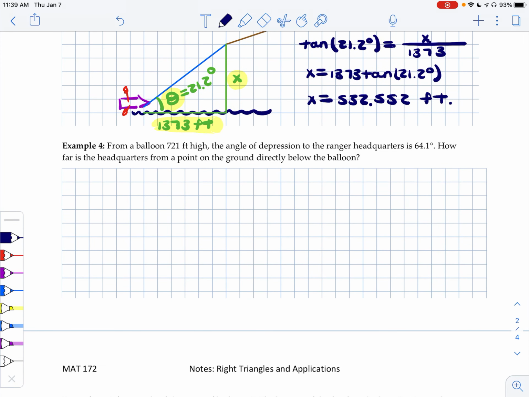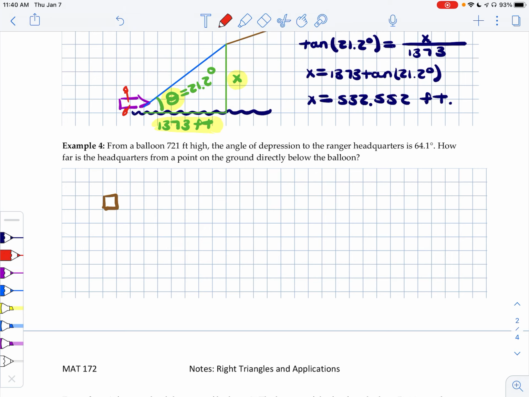So this one says, from a balloon 721 feet high, the angle of depression to the ranger headquarters is 64.1 degrees. We want to know how far is the headquarters from a point on the ground directly below the balloon. I'm going to picture this as a hot air balloon. I don't know if that's what we're looking at, but that's what I'm seeing in my head.